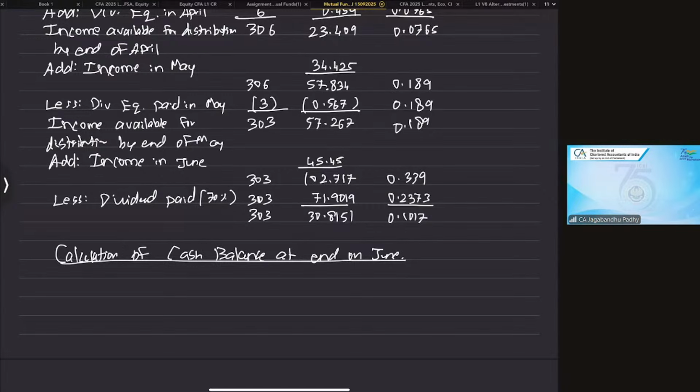Now for that, the question didn't give any opening balance or anything, but definitely we have some information with regards to income. So how much is the income received, guys?